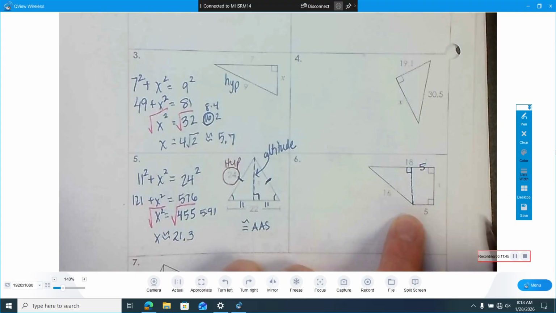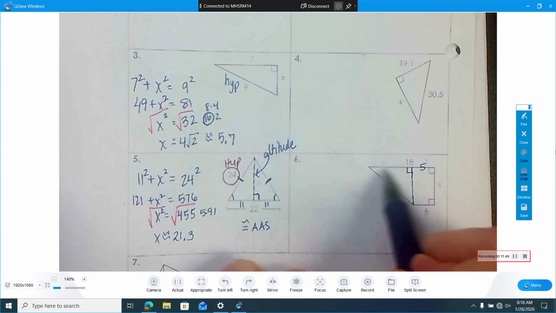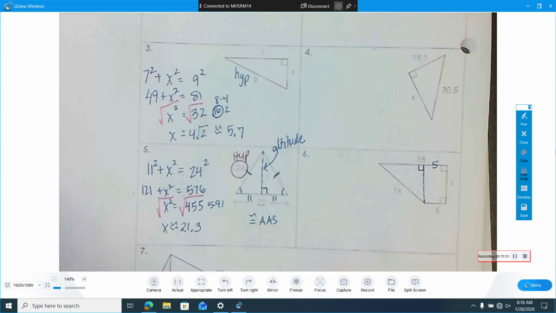So this is 5. This would also be 5. What happens to this other side of my triangle here? 13. Good. So these kinds of problems are really about making shapes and making sense of shapes.